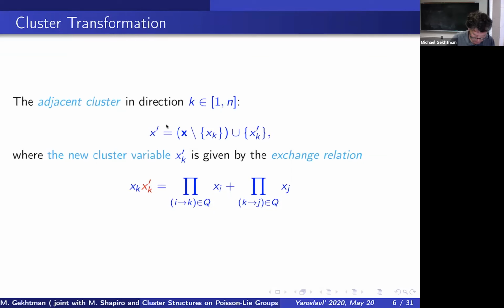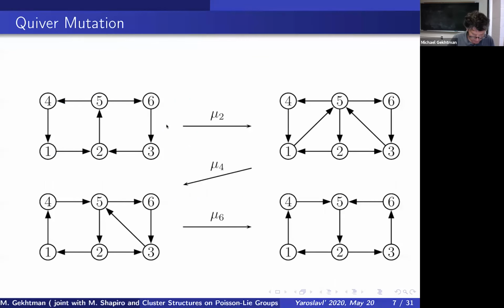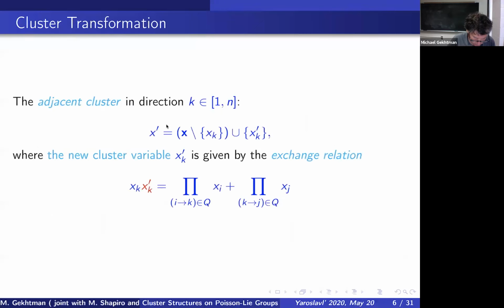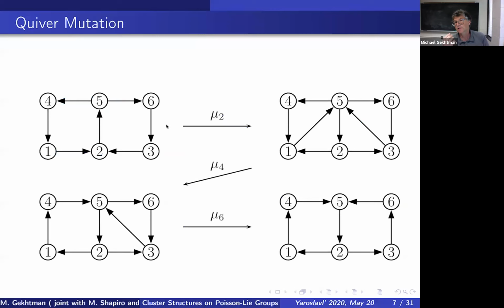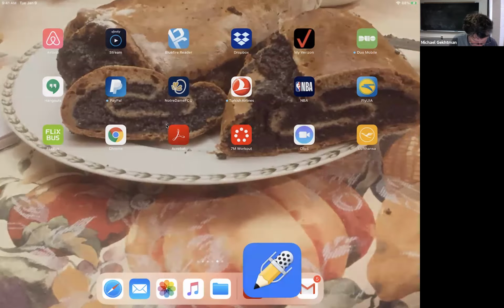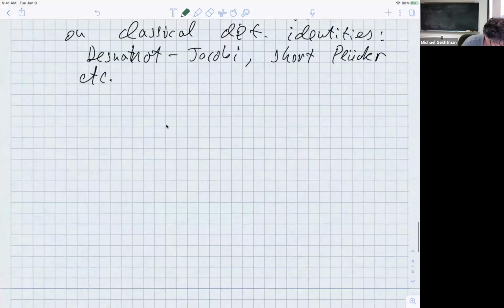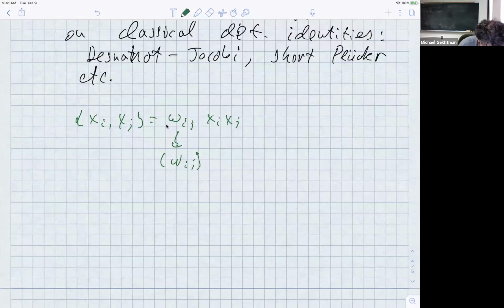So what happens to this quiver? Maybe I should actually switch back for a second. So, the relation to the quiver: we had a Poisson bracket {xi, xj} = omega ij xi xj. These omega ij form a matrix omega. One thing I should mention: some variables are not allowed to be touched.